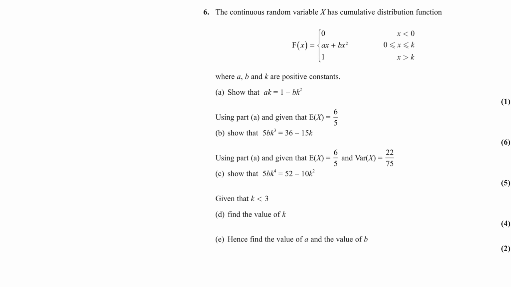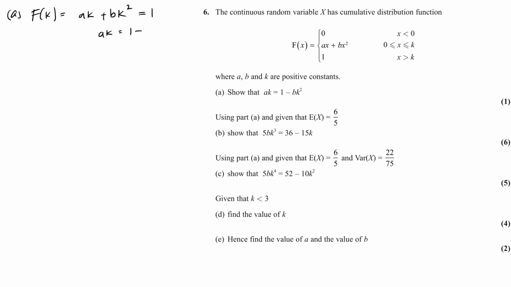So that's what we need to do for part A. So we want to do f of k. So we're substituting k into x. So that's going to be ak plus bk squared, and that's going to equal 1.